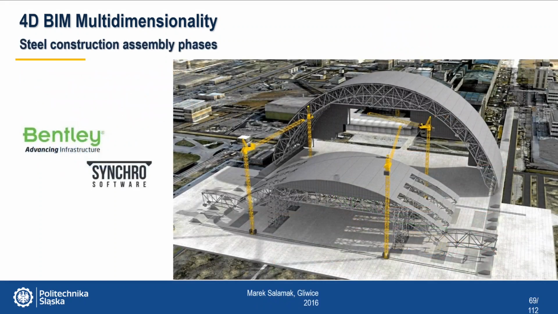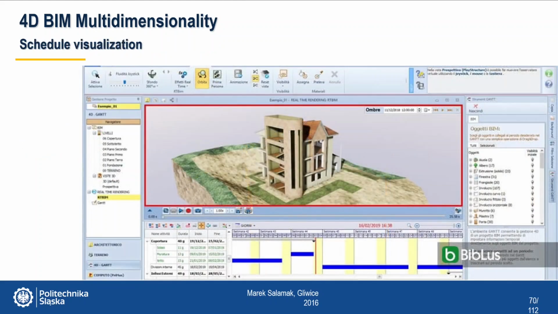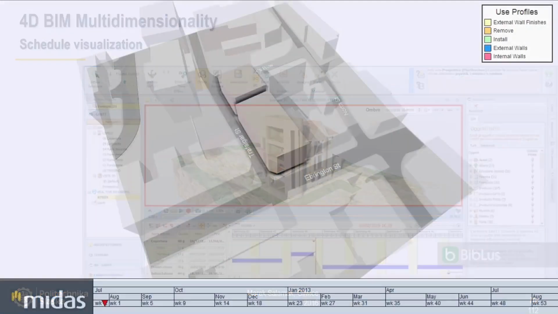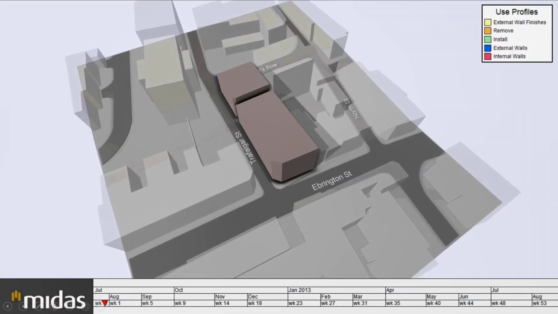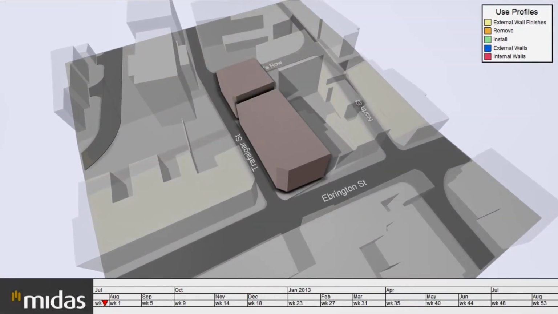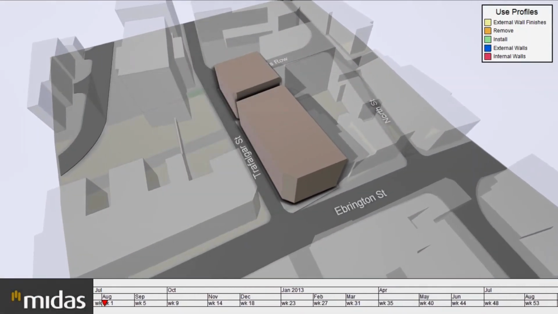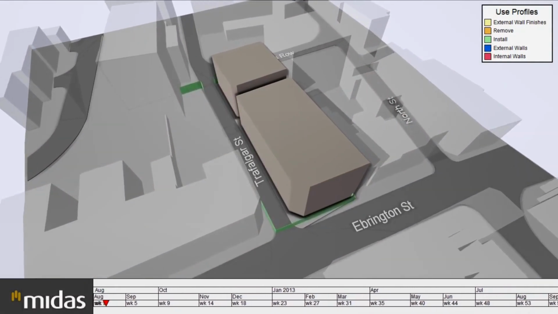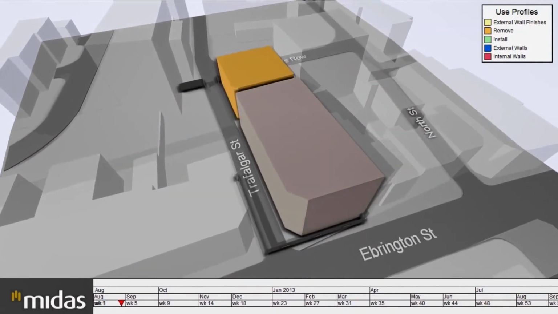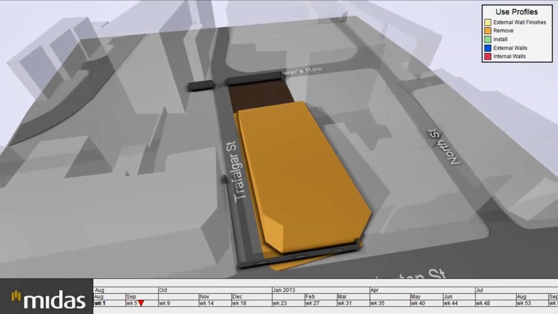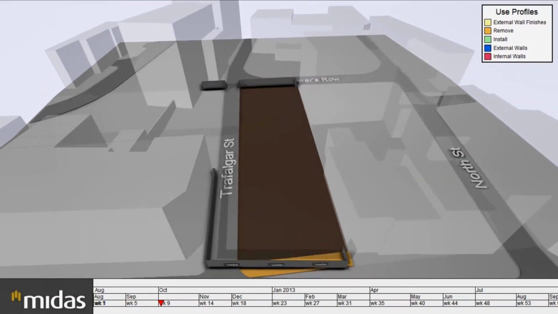One of the best products in this dimension is Bentley Synchro. The schedule can be visualized on a time-changing model. It can also be presented in a dynamic way of animation. A time-changing model can be linked to a dynamically changing schedule.